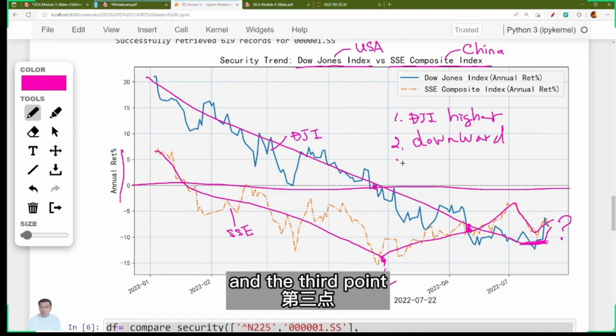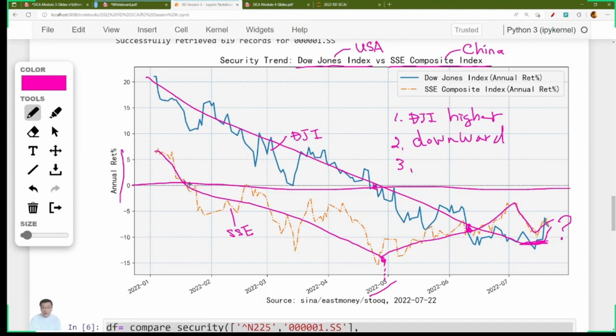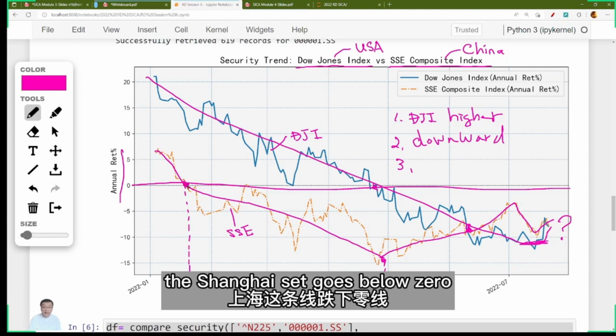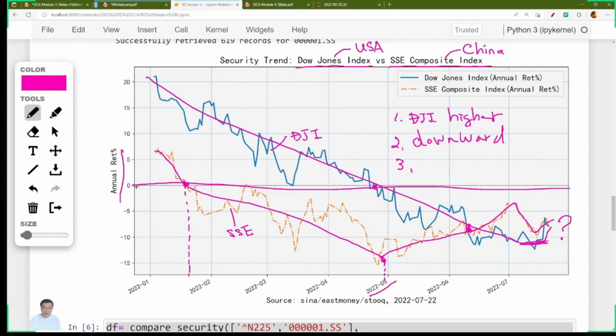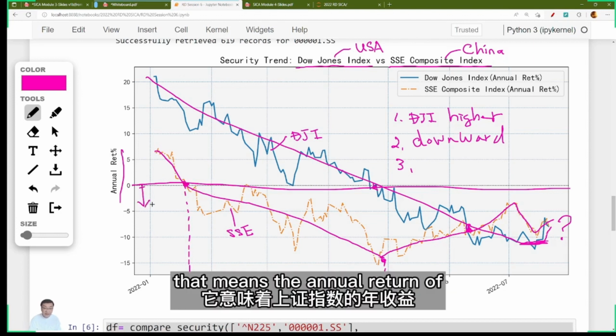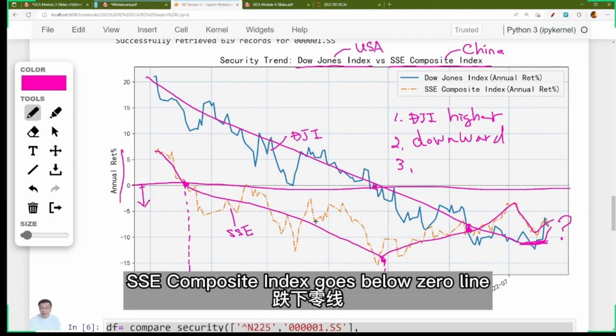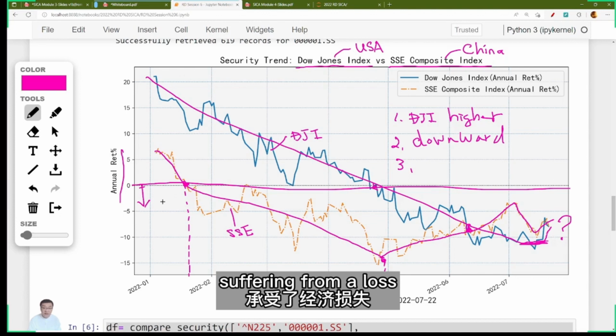And the third point, starting from late January, the Shanghai side goes below zero. This is the zero line. That means the annual return of the SCSC Composite Index goes below the zero line. It means suffering from a loss.